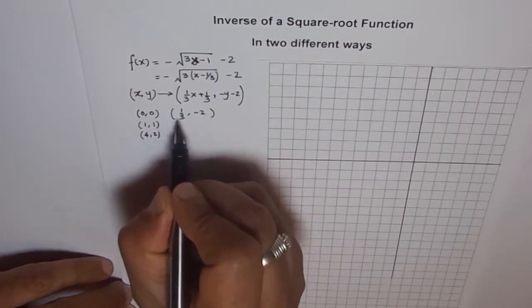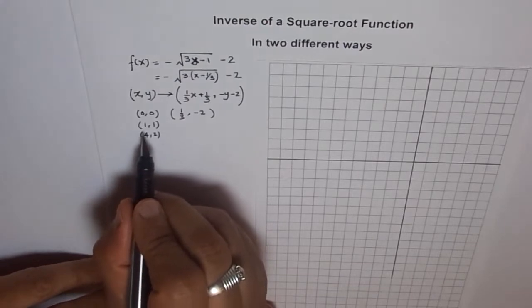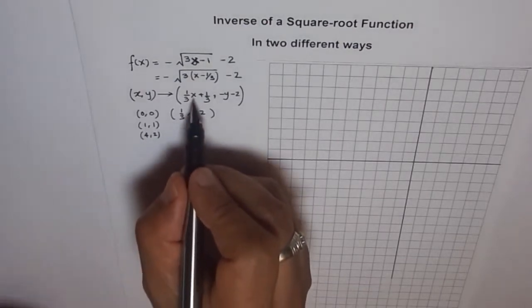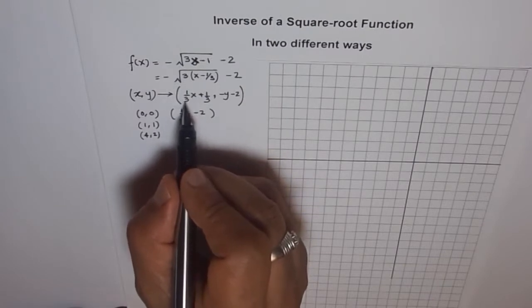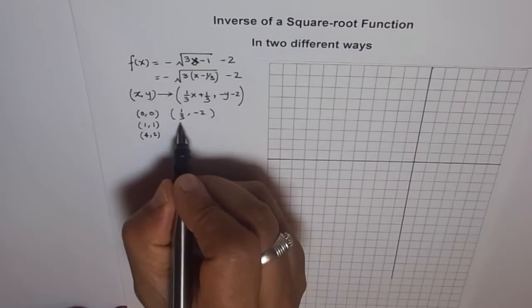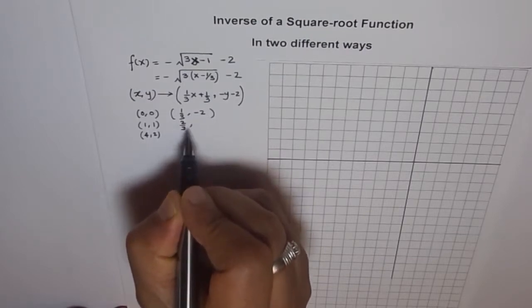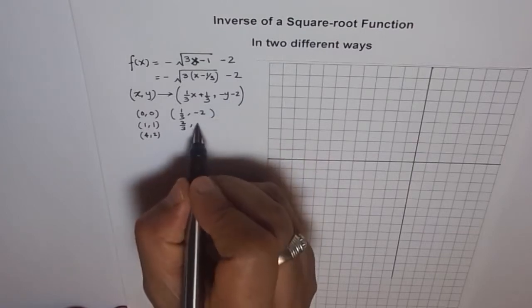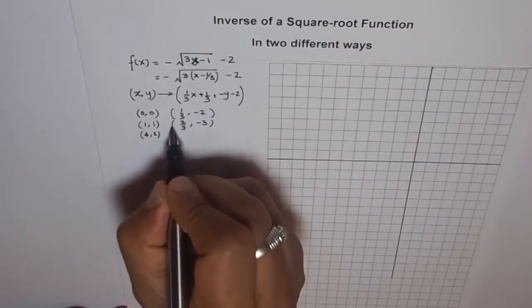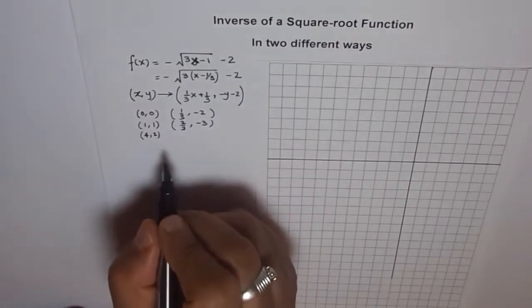For 1, 1, I have 1 times 1 over 3 is 1 over 3, plus 1 over 3 gives me 2 over 3, right? So I get 2 over 3 for the x value, and if I put 1 here, minus 1 minus 2 will give me minus 3.